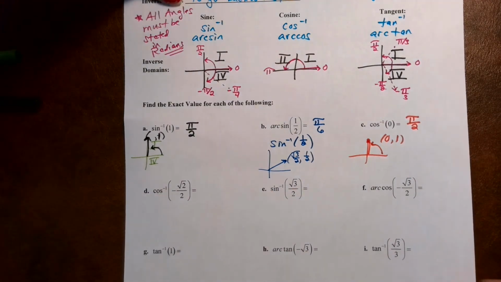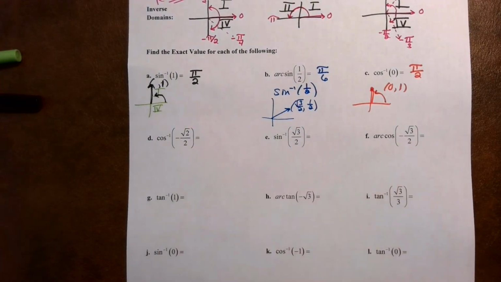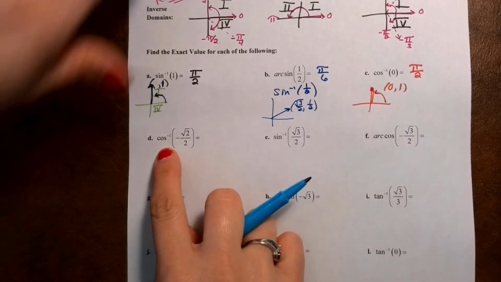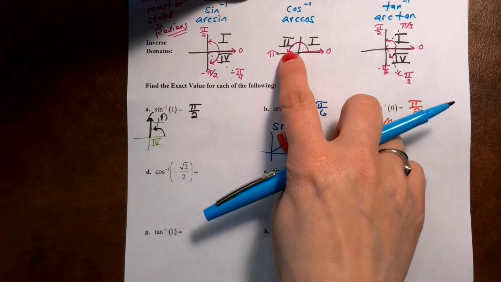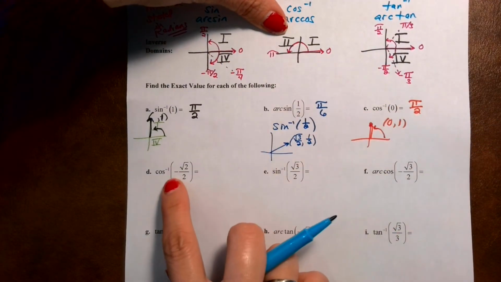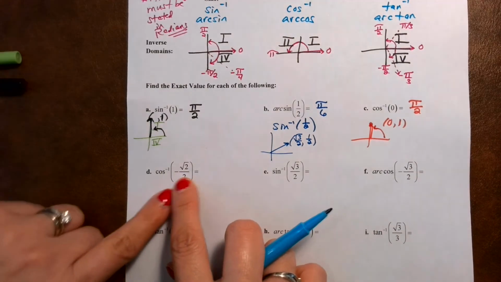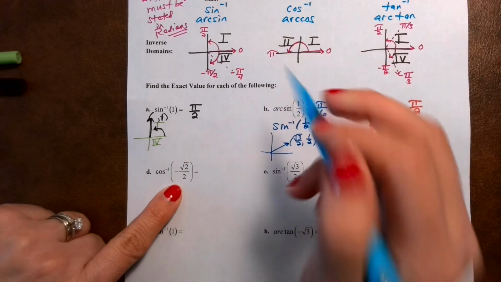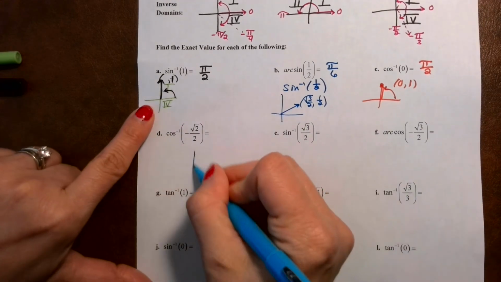Let's keep going, okay? Remember, the answers are going to be angles in radians. Okay, where are we supposed to look for cosine? We're allowed to look in quadrants 1 and 2. Sometimes I write this across the top of the test just to have a reference, but it's a negative value. It's a negative value. So is it in 1 or is it in 2? Yeah, okay, so we're thinking in quadrant 2.